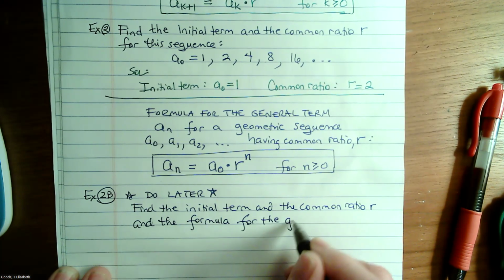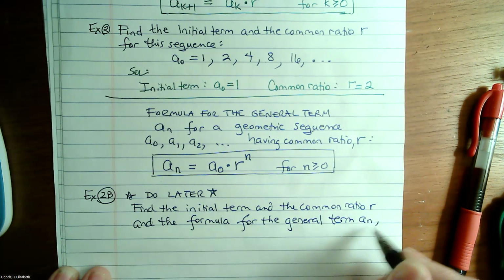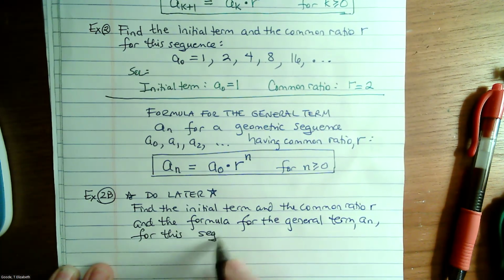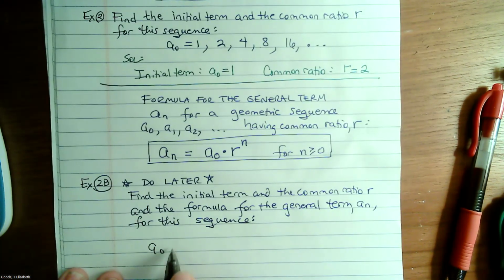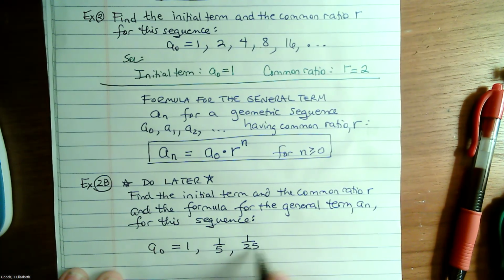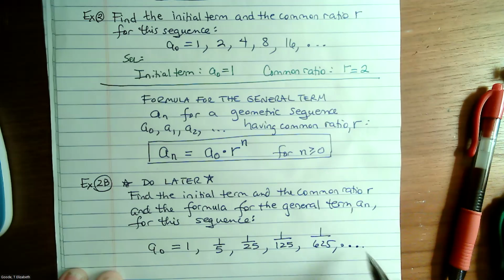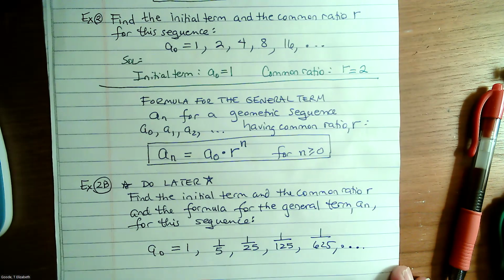We'll do it all at one fell swoop. a naught is 1, then 1/5, 1 over 25, 1 over 125, 1 over 625, and so on and so forth. Any questions? Nope, I'm good so far.